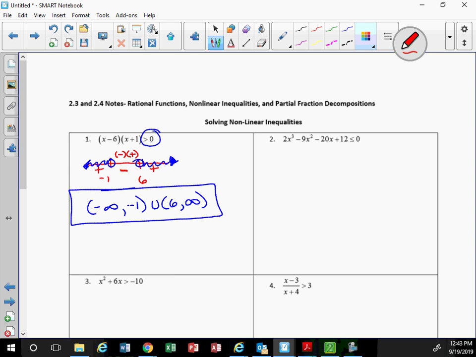P over Q. So, P over Q, here we go. So let's see, I'm going to have 1, 2, 3, 4, 6, 12, and then 1/2, 3/2.